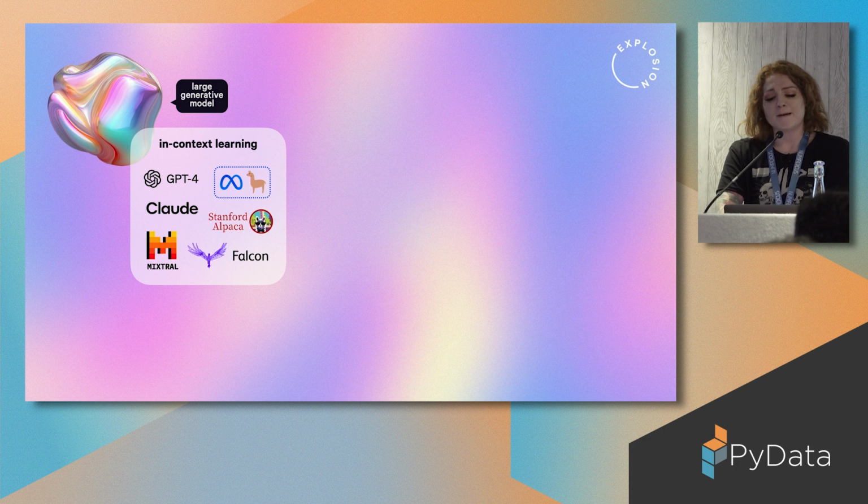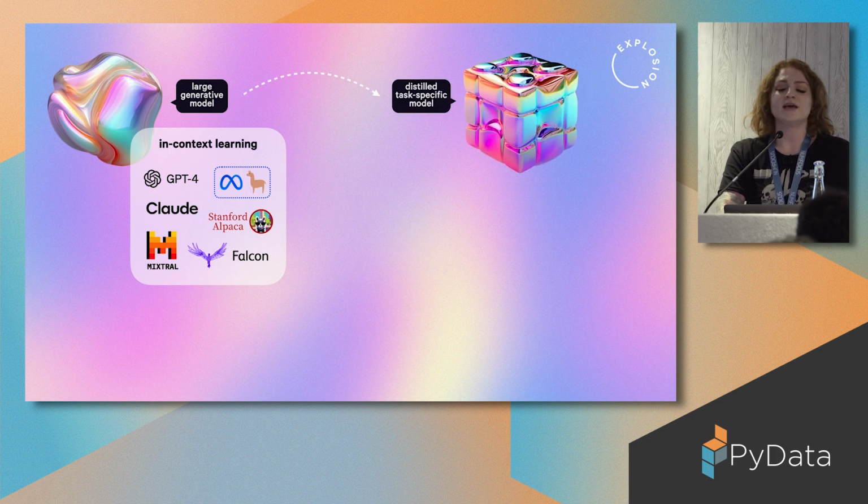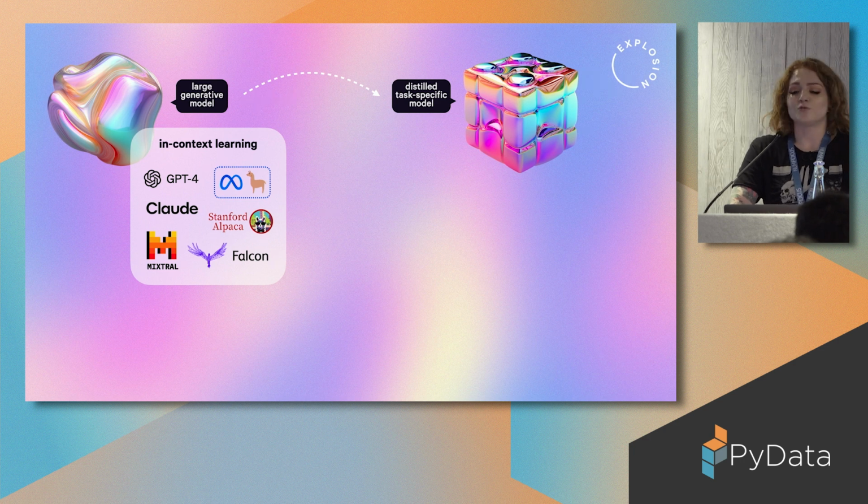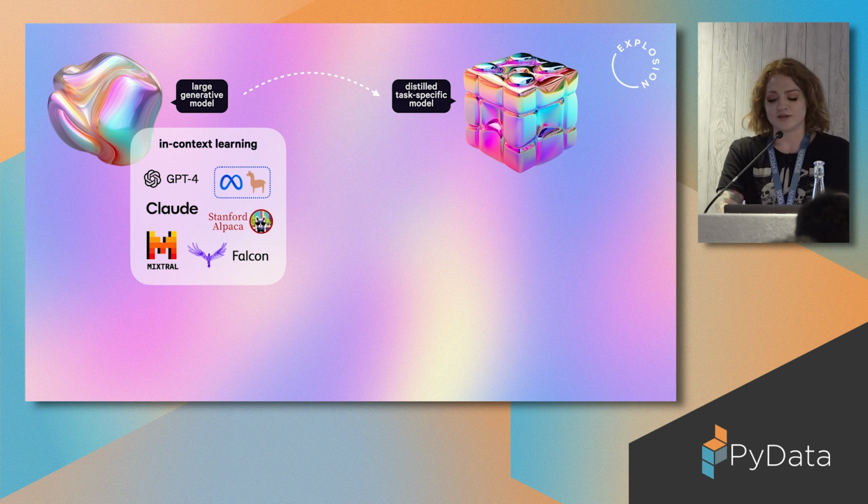And now, what if we could just take the part of that model that we're interested in for our review extraction, which is really only a small subset of what the model can do, and take all of that knowledge about the language and the world, and then extract that or distill that into a smaller task-specific model that really only does the one thing that we're interested in.